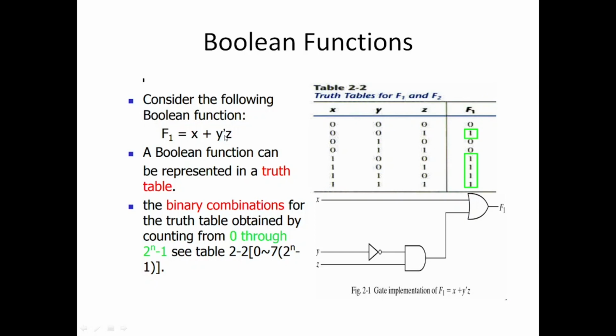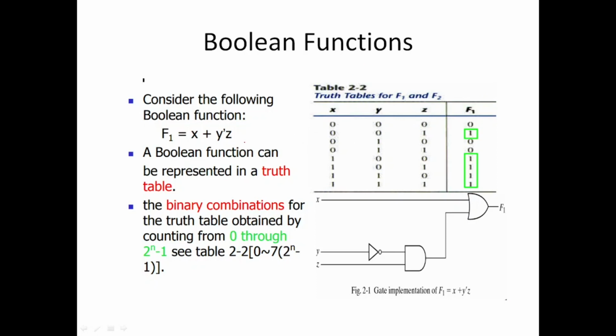After finding y dash, we perform the AND operation with y dash and z. After that, we OR the x value with y dash z, so that we can find f1.